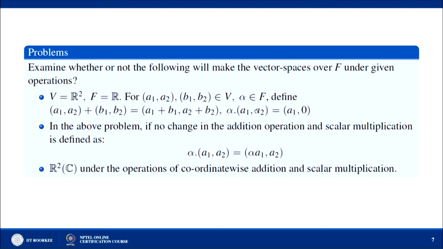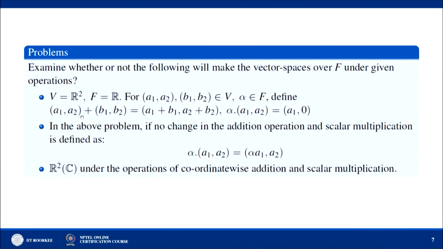With respect to addition, it will be an abelian group, no problem. But for a vector space, 1 dot V should be V. If you take 1 dot (A1, A2), it must be equal to (A1, A2). However, it is equal to (A1, 0), which is not equal to (A1, A2) for A2 not equal to 0. So all the properties of a vector space are not satisfied, and it will not be a vector space.